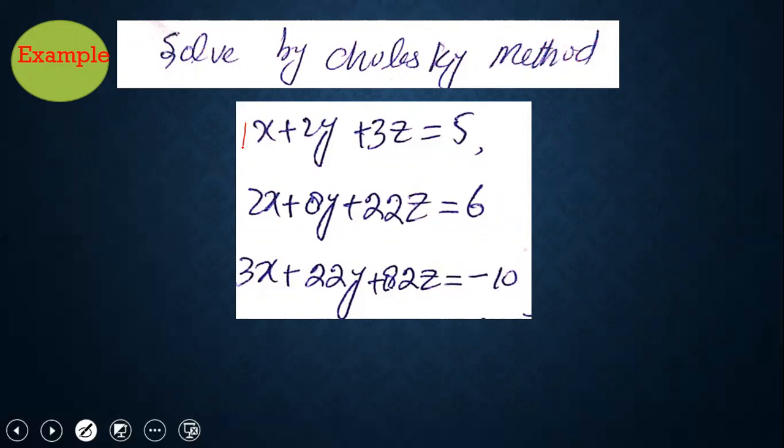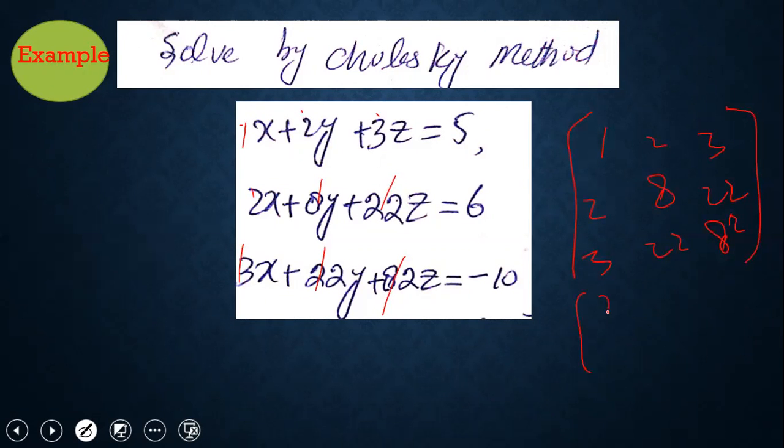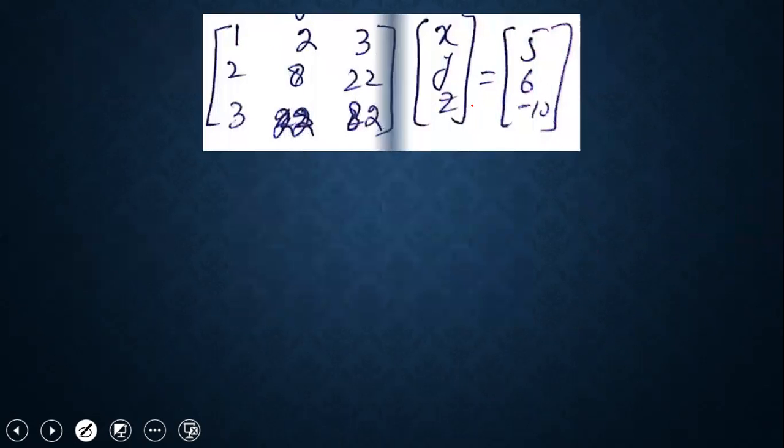Here you are having the coefficients 1, 2, and 3, 2, 8, and 22, 3, 22, and 82. So this will be matrix, and the xyz will be in this form, and the right hand side will be in one other matrix. So the conversion of the system into matrix form is given.